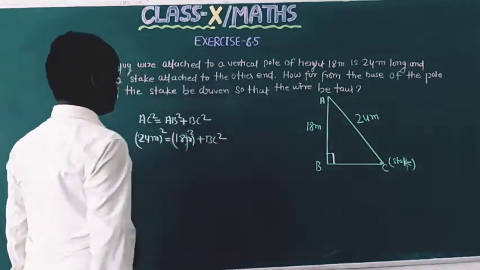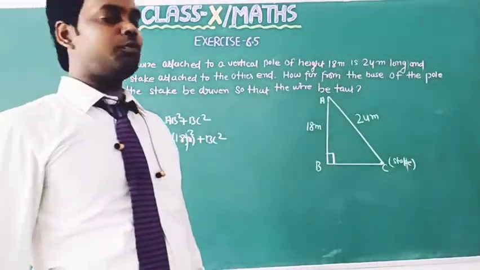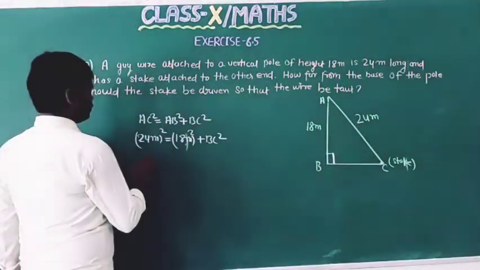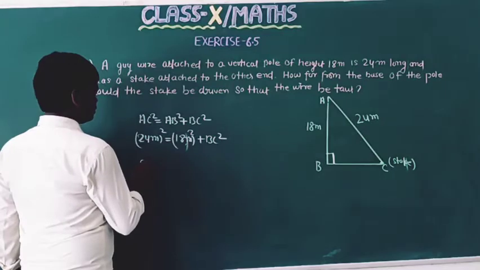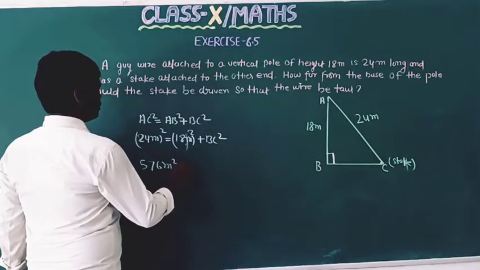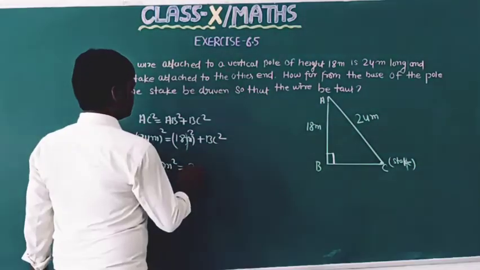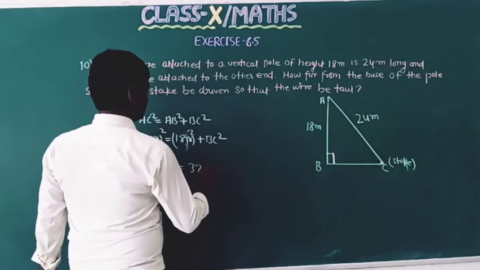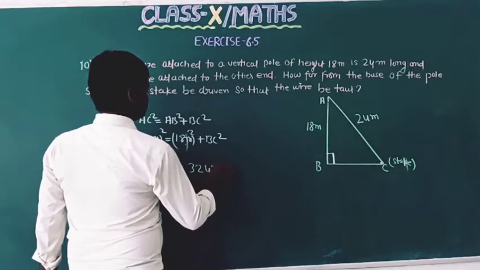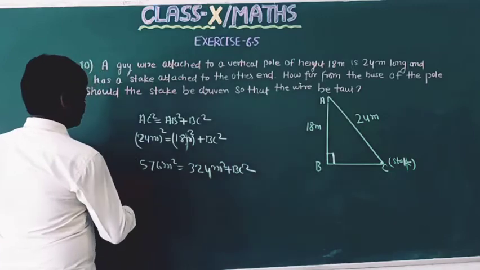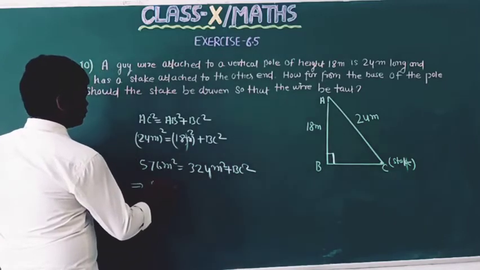BC is the distance between the base of the pole and the stake. So 24 square is 576 meter square equal to 18 square, 324 meter square, plus BC square.